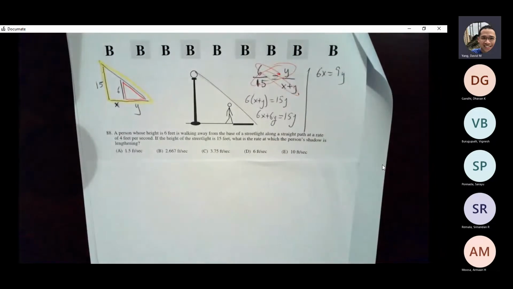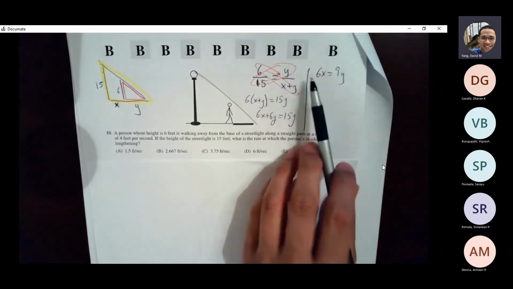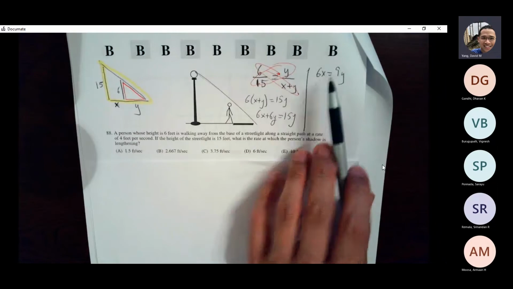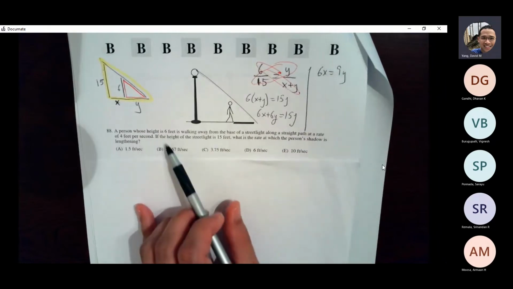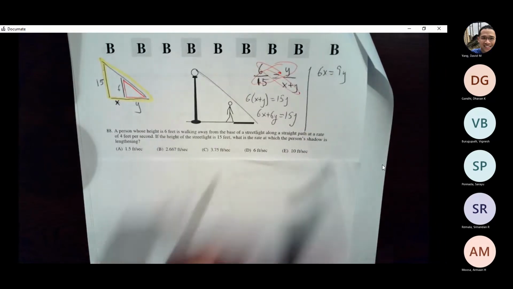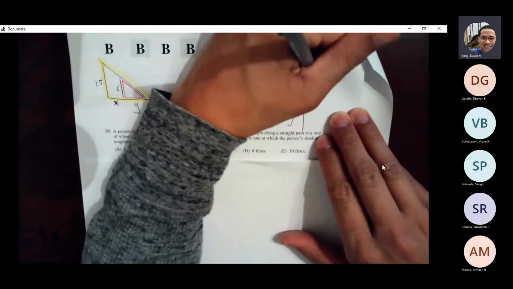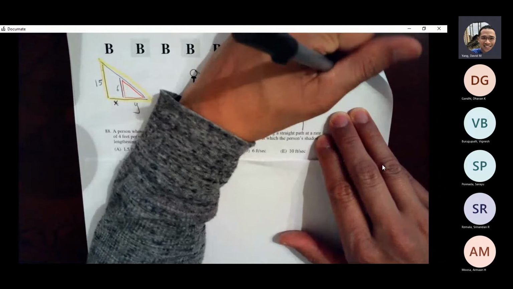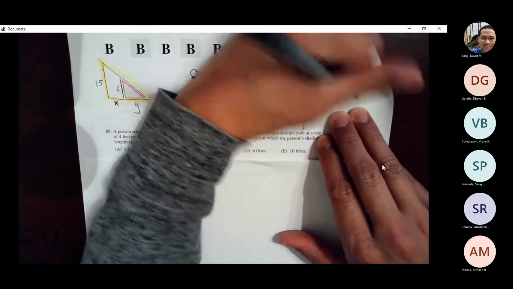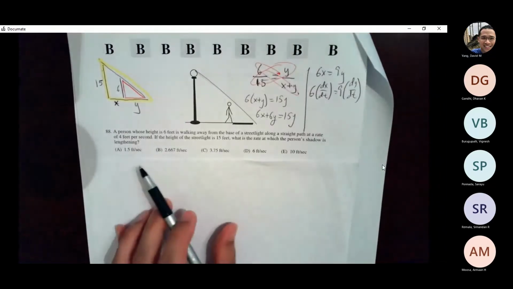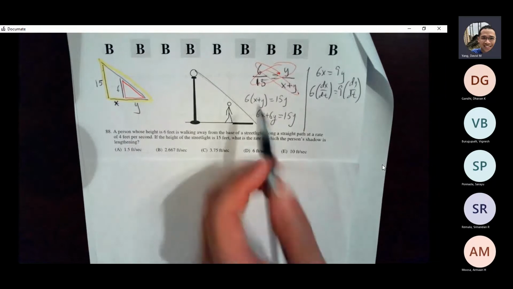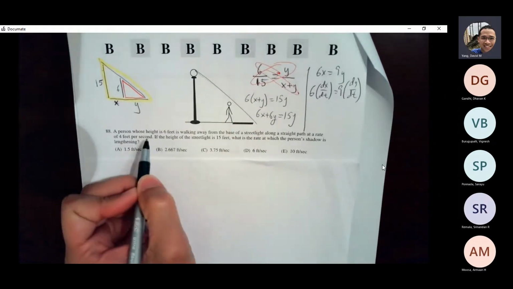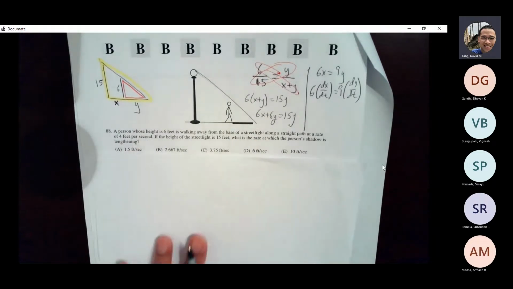Okay, so let's go ahead and find the derivatives. We can see everything that's in front of us here. Related rates, everything is in relation to time. 6x becomes 6 dx dt. 9y becomes 9 dy dt. Okay, the rate at which the person is walking, that's going to be dx dt.